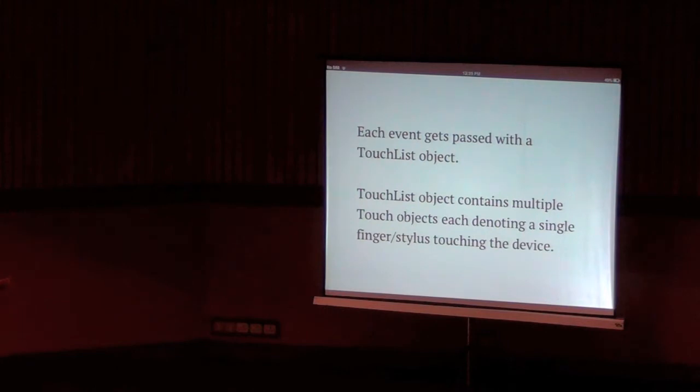So what actually gets passed to these events? Each of these events gets a TouchList object, and a TouchList object contains multiple Touch objects, with each Touch object corresponding to one finger or stylus touching the device.